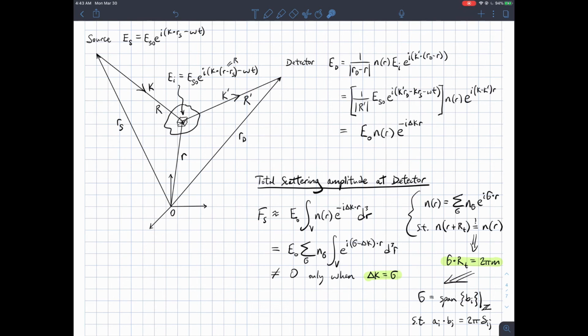So if we add up all of these plane waves to get the total scattering amplitude, that will give us all of our constructive and destructive terms in this integral. And we've said that the density of sites is periodic. Well, it's a crystal, so that's the definition of a crystal.